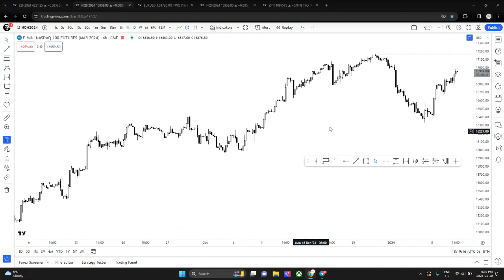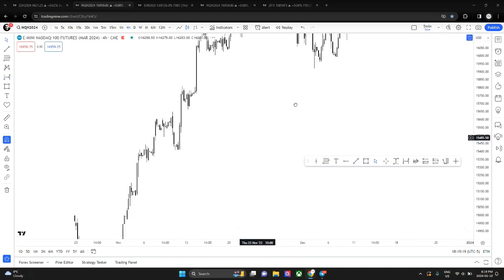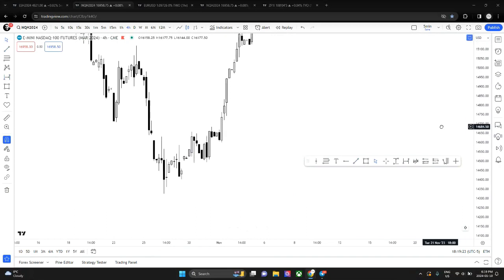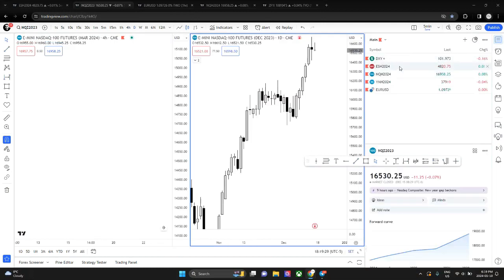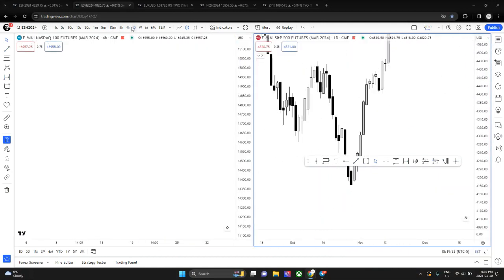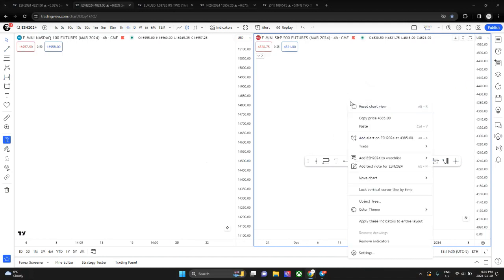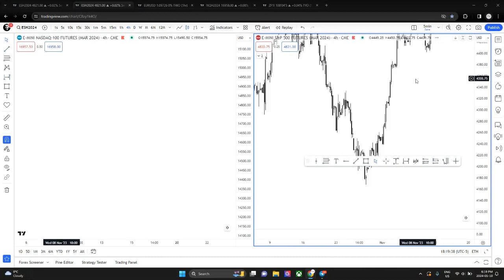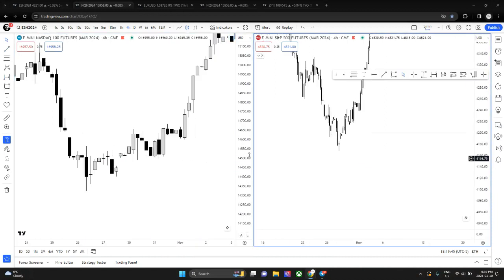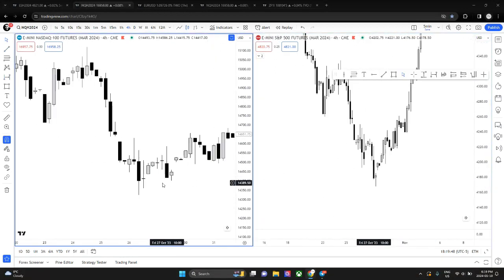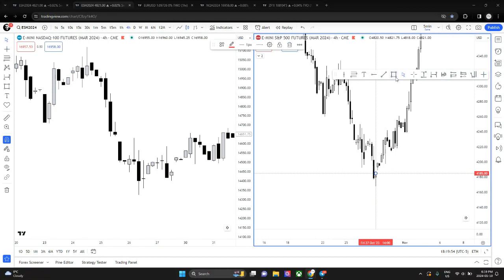If you go on the 4-hour time frame and you go to the extreme low, you'll see that there was SMT divergence right here, right?